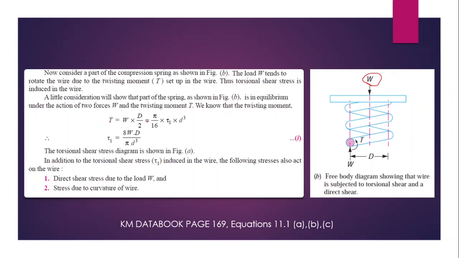Then T is equal to W into D by 2, and that is equal to pi by 16 into tau into d cube.